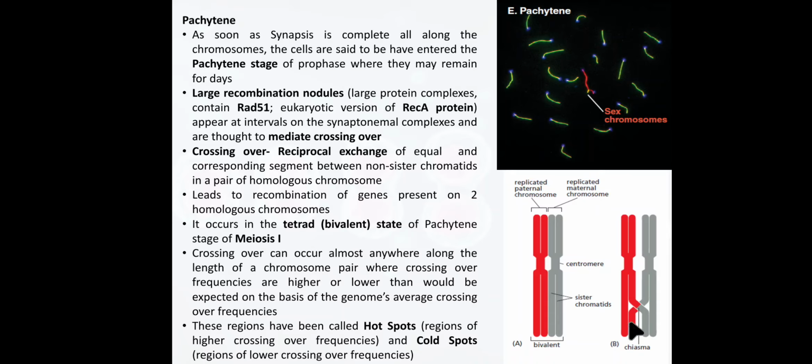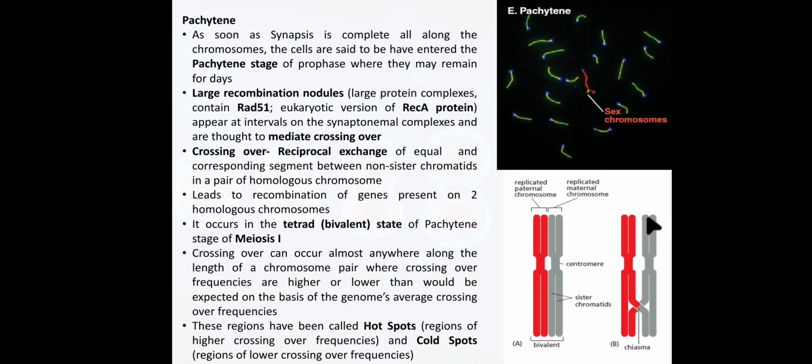I mentioned that some of the cells will remain at this pachytene stage for days. Why? Because it is waiting for another homologous pair. For example, if we consider human beings, if this is paternal and this is maternal, the maternal chromosome has to be present so that crossing over can occur.